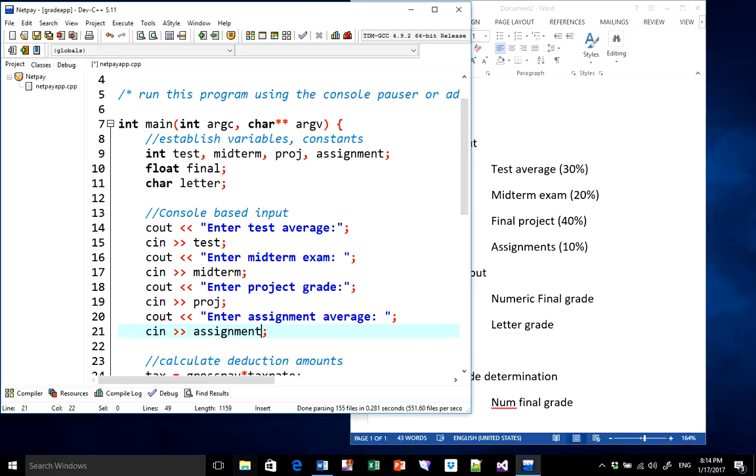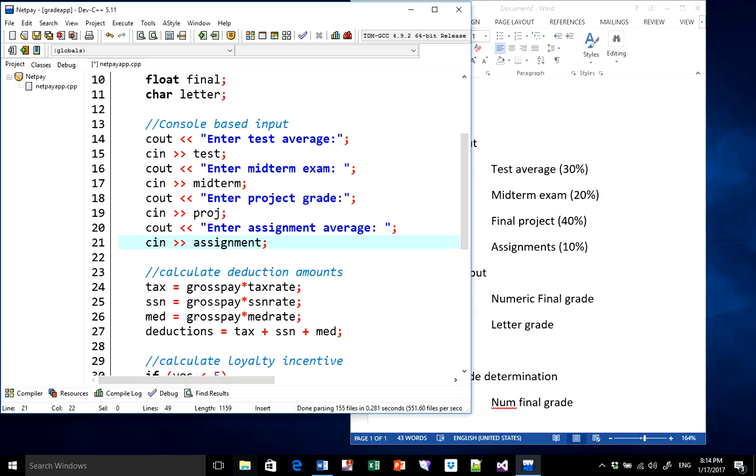So what's the next step? What are we going to calculate? Final grade. Very good. Calculate.